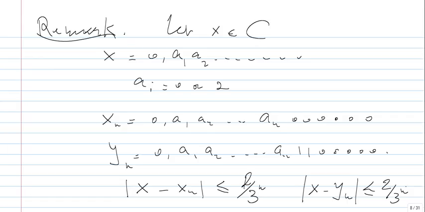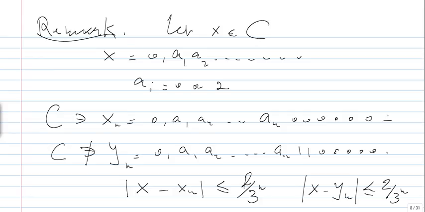So maybe not n for yn, maybe n minus 1, but it makes no difference whatsoever. So what happened? First of all, it's obvious that xn belongs to C, and yn does not belong to C. So your point x, you can approach it by points that are different from it.